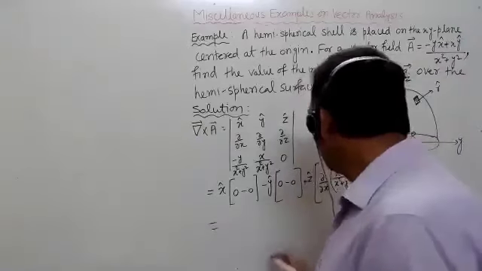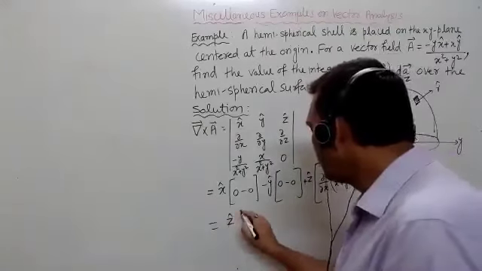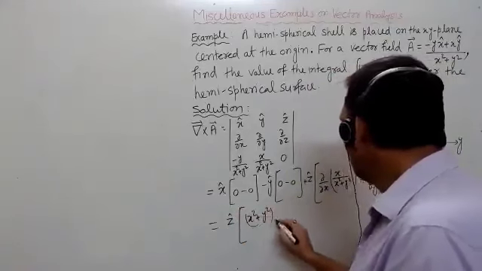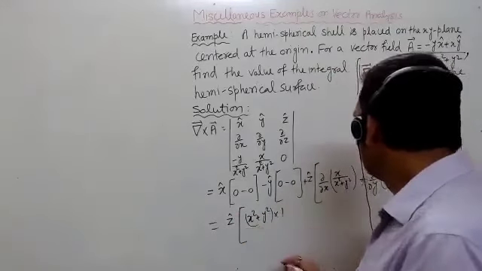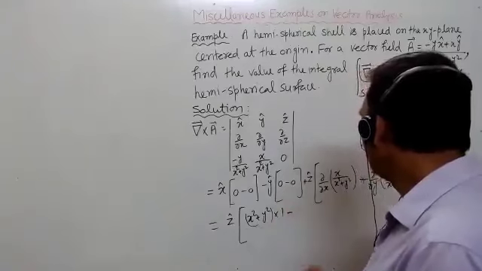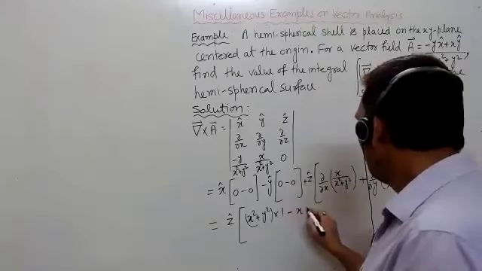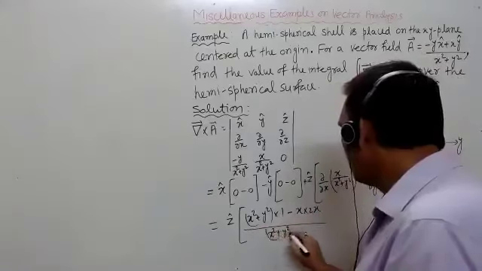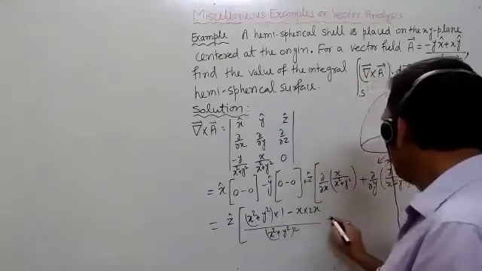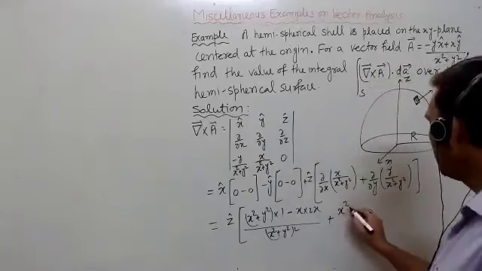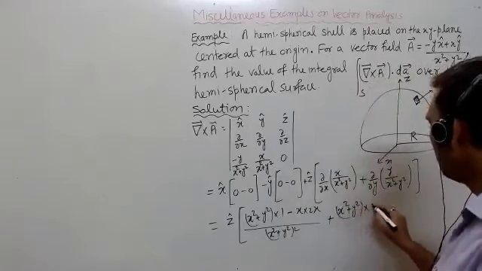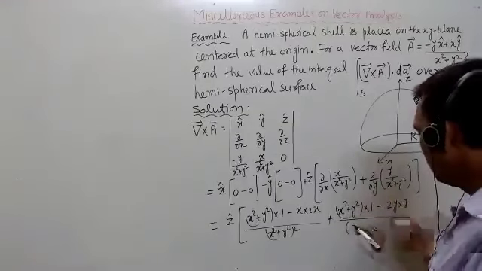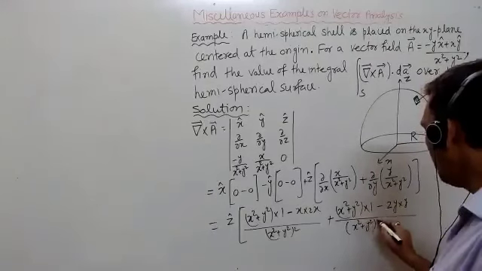So this z cap term will give you x square plus y square into 1 minus 2x into x by x square plus y square whole square, plus x square plus y square into 1 minus 2y into y by x square plus y square whole square.